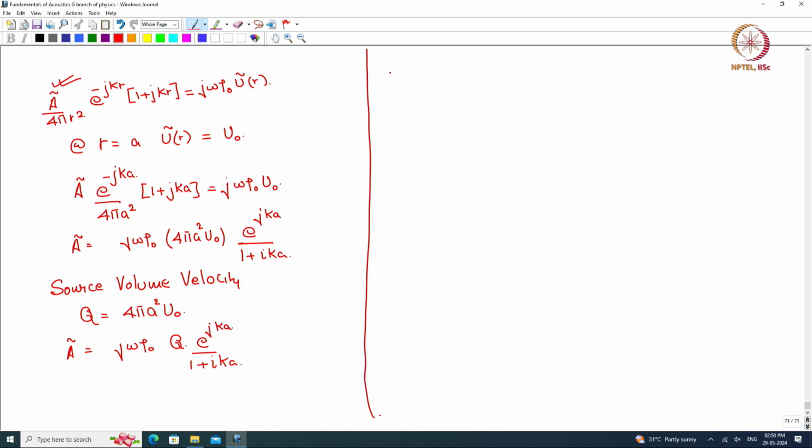The pressure at r as a function of time is equal to j omega rho 0 into q by 4 pi r e to the power minus j k into r minus a over 1 plus j k a. Okay, this is the pressure, pulsating sphere.